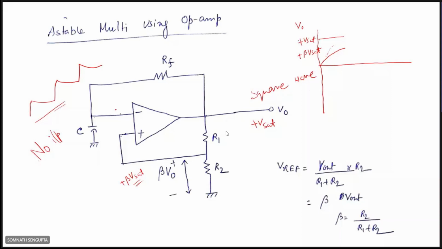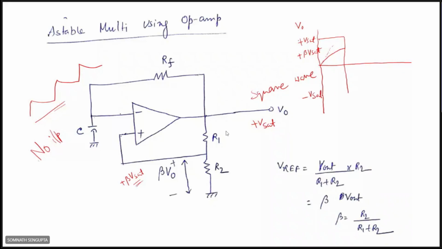When that happens, more voltage will appear at the negative terminal. So the op-amp will immediately switch to negative voltage, minus Vsat.